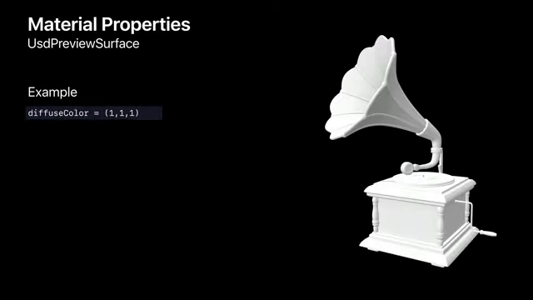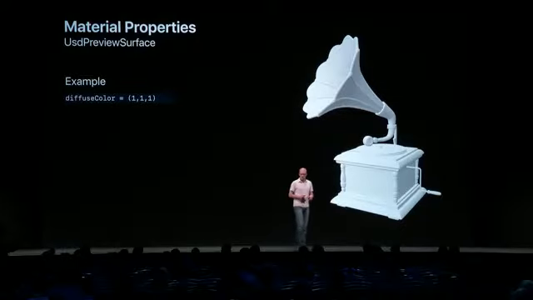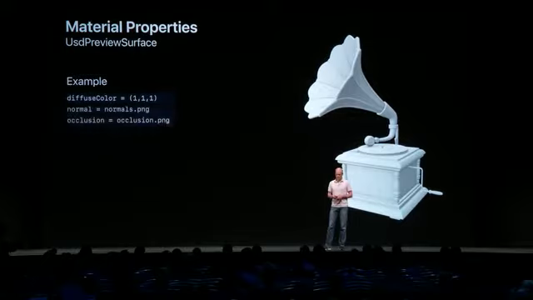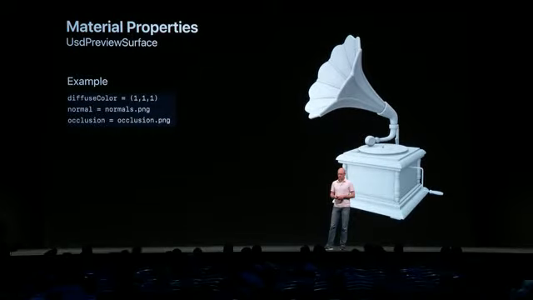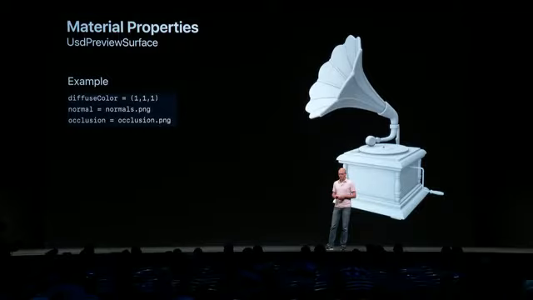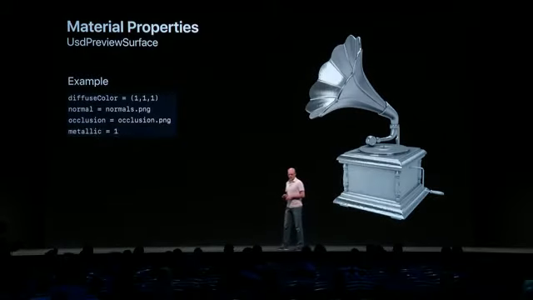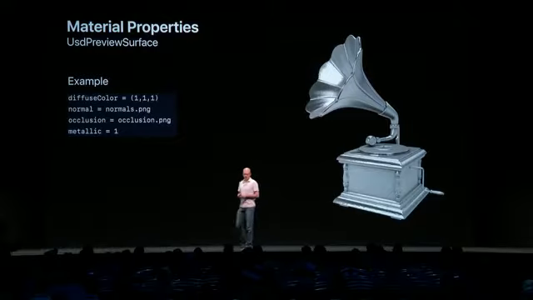So in this example, the same gramophone that we saw in Chloe's demo, we'll first assign a constant white color. Next, we will set normal and occlusion maps to bring out the fine details. Next, let's crank up the metallic level so it becomes really shiny.